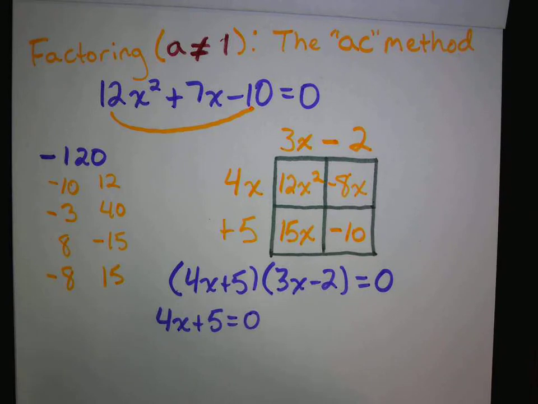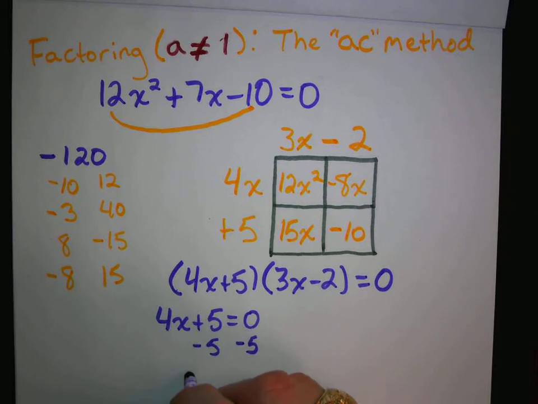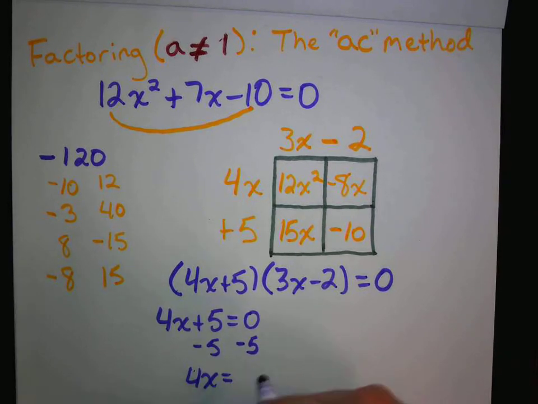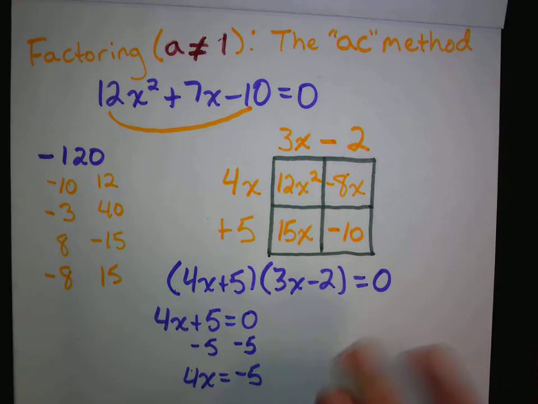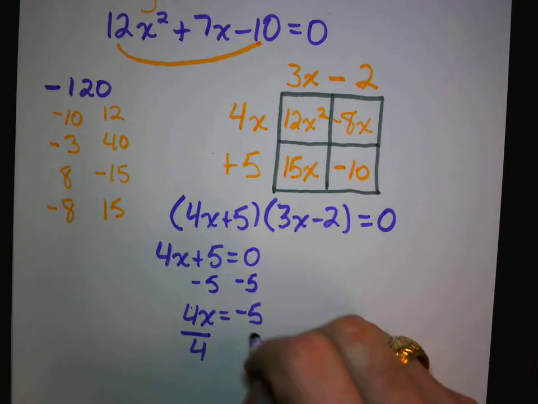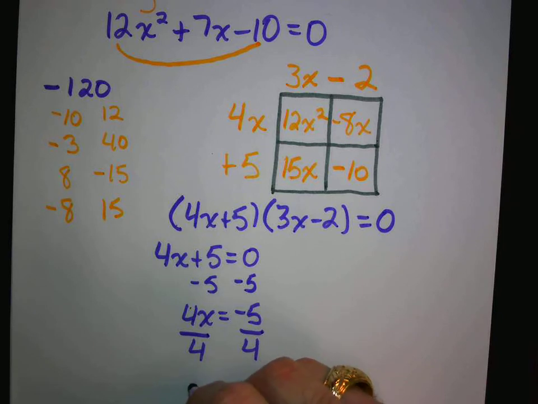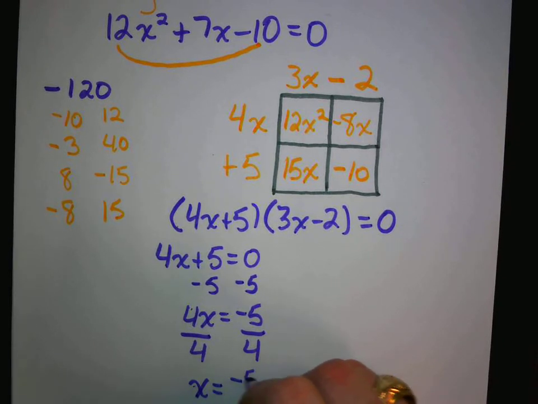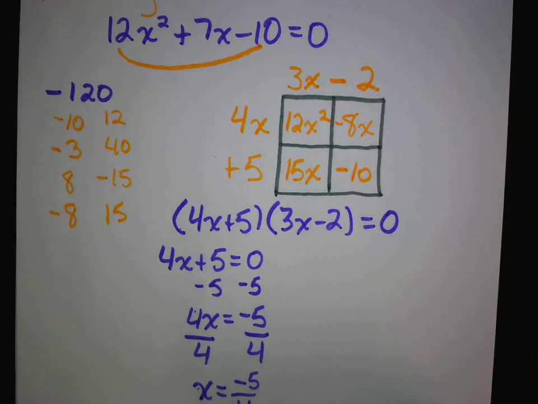So 4x plus 5 equals 0. I will subtract 5 from both sides, and that gives me 4x equals negative 5, and I'll divide by 4 and find that x equals negative 5 over 4.